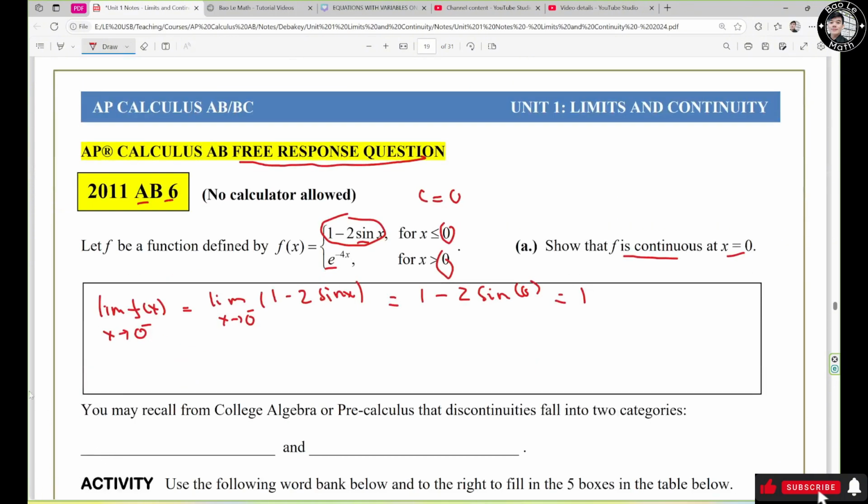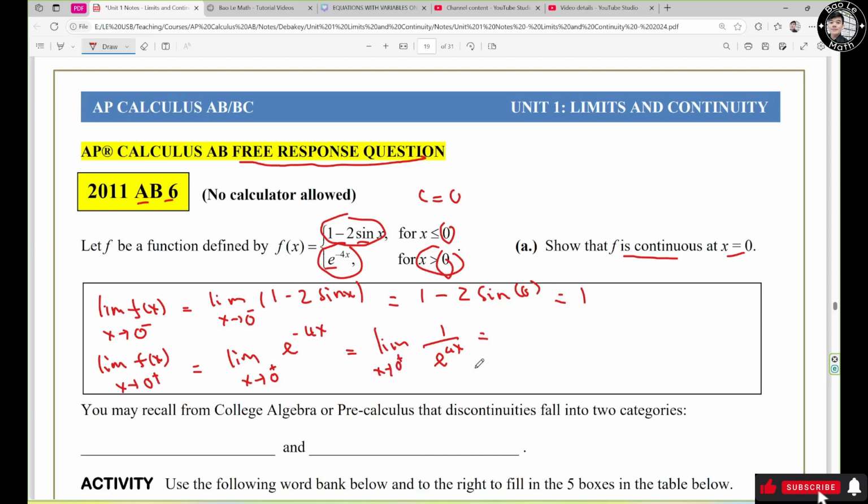Now second one, I need to calculate the limit of the function f of s when s approaches 0 plus. So I'm going to use the bottom one right here, because it's greater than 0. So it's going to be the limit of e to the negative 4s when s approaches 0 plus, and then the limit of 1 over e to the 4s when s approaches 0 plus.